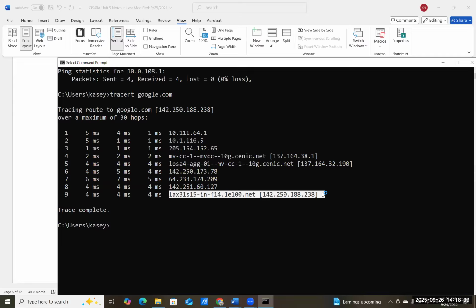So for traceroute in Windows, you use tracert and then just the domain name. You can also use the IP address. So I can plug in this IP address here and that works, right? We'll talk about utilities next time. But in Linux, you have to spell out traceroute, one word, entirely.